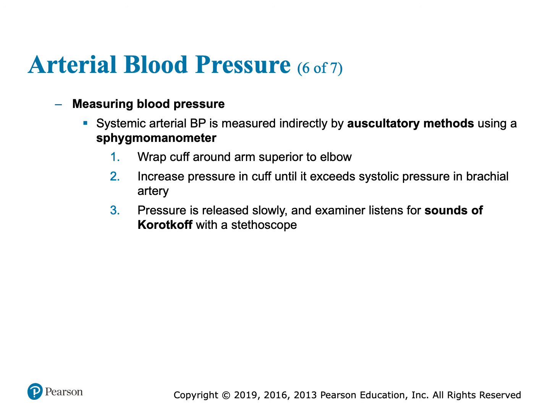That would be the highest pressure, right? And when the sound goes away or is significantly faded, that's the lowest sound, so that's the second number. The first number, the highest pressure, is the systolic pressure, because that's when the ventricle is squeezing. The last sound that you hear would be the diastolic pressure, when the ventricle is relaxing.